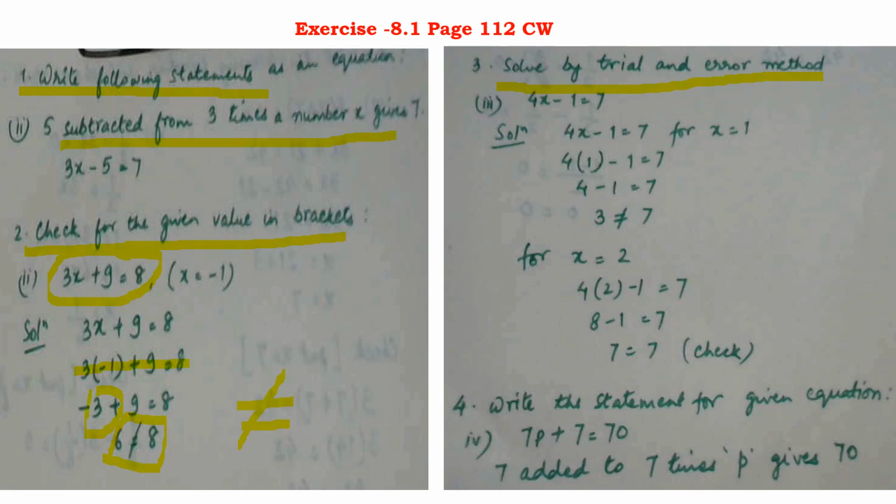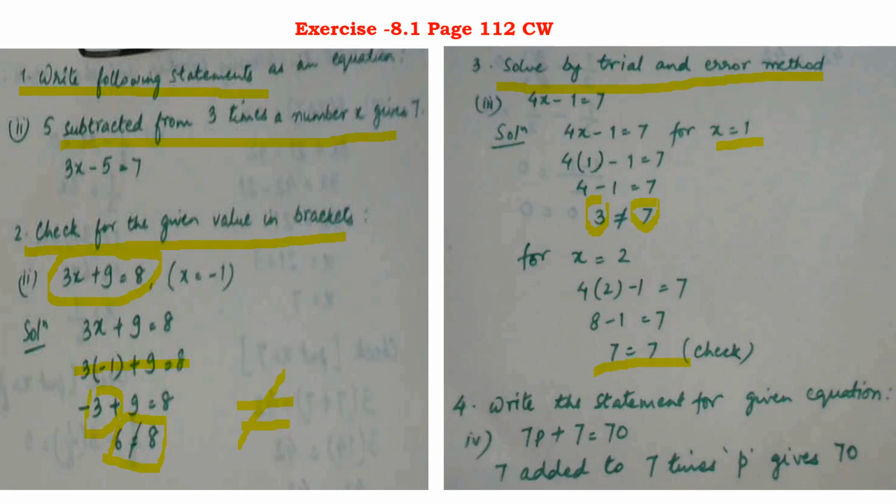So subpart 3 says 4x minus 1 is 7. Let us say we are taking the value of x as 1. For x equals 1, we get the value on the left hand side as 3 and the right hand side as 7. So they are not equal. Fine. For x equals 2, we are getting 7 equals 7, which is satisfying the condition. So we have done the checking.